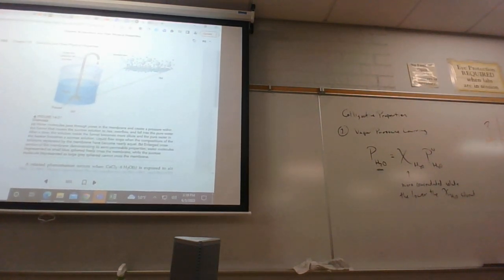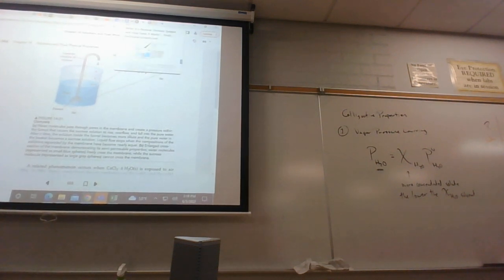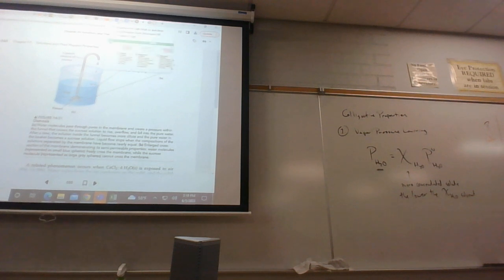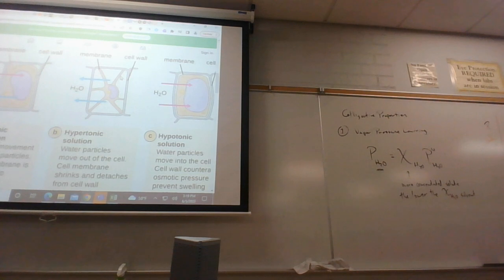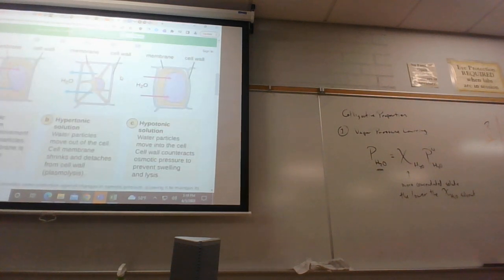So one example we can see that in is this. If we put a blood cell here in an isotonic solution, isotonic would be 0.9% m over V sodium chloride, then the blood cell should stay stable because the concentration out here is the same as the concentration in here.